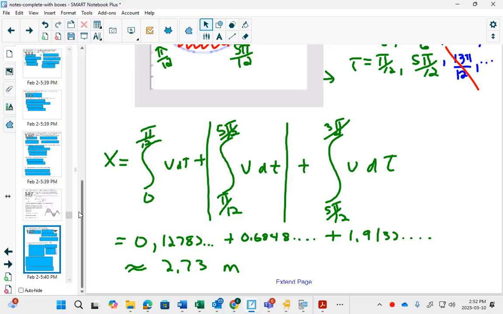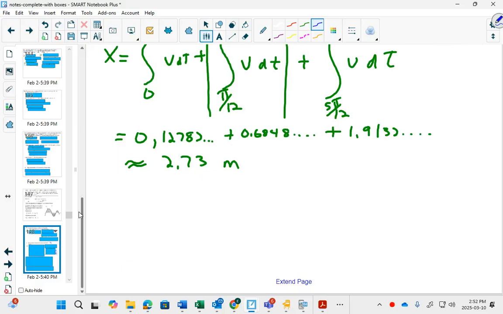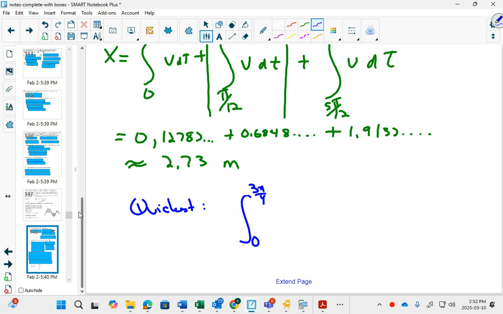I would take our original equation. The quickest way to solve this one would be to go from 0 to 3 pi over 4 and then put your original equation, which was 1 minus 2 sine 2t, in absolute values.